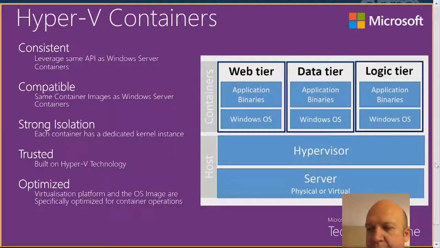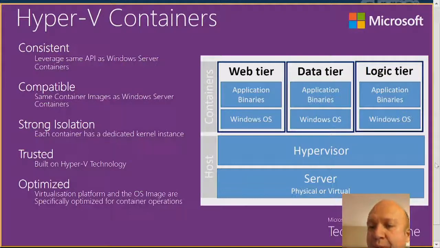The images we build are exactly the same. They're still 100% compatible, but the major difference is that the operating system sitting at the bottom is fully isolated using Hyper-V isolation technologies. So the experience of deployments, the size of the deployments, all of these things remain essentially exactly the same, with one super key difference: the Windows kernel that is shared between the containers in our first scenario is now fully isolated in this Hyper-V scenario.